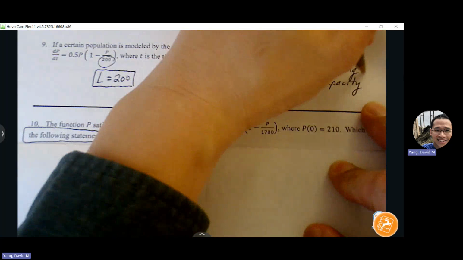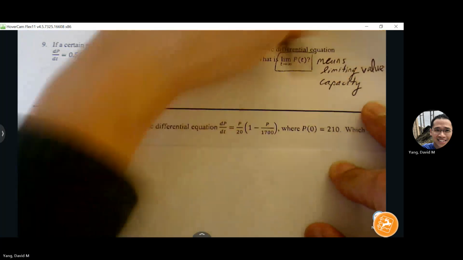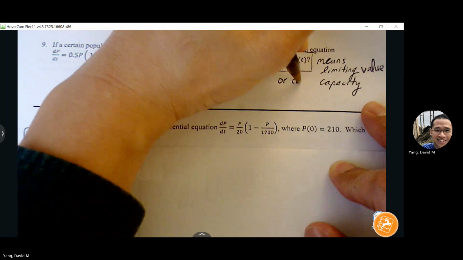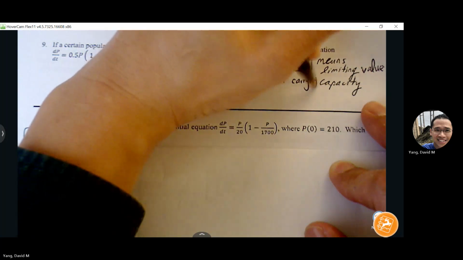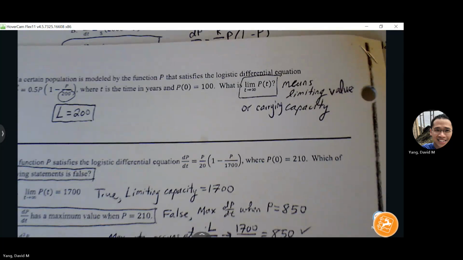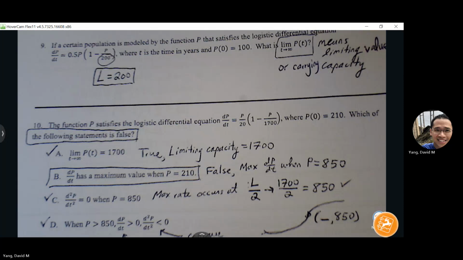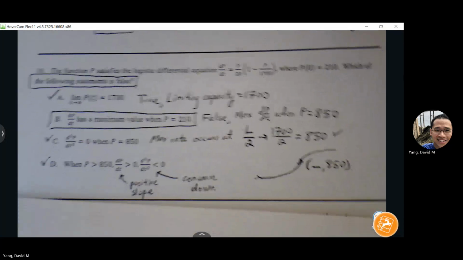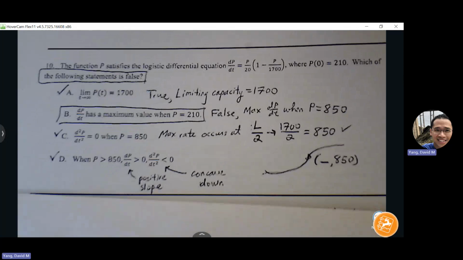All right, limiting value, carrying capacity. Finish off with 10 and 11.